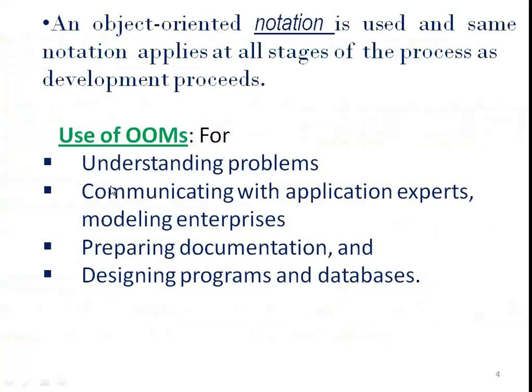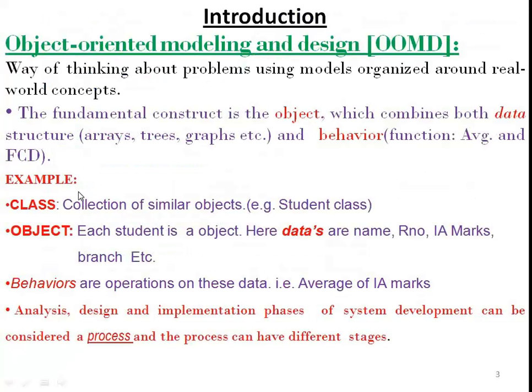One example is given for understanding of the object and class behavior. In the given example, a class is a collection of similar objects, for example, the third year A division student class. The object means each student is an object. Here the data are name, roll number, CGPA, branch, etc. All these are the data for that object.